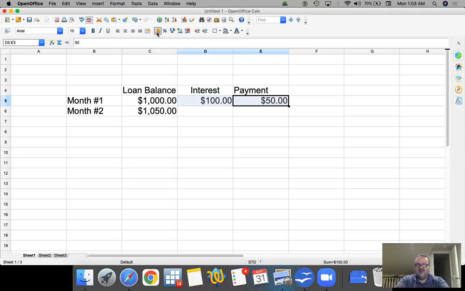This is interesting because not every financial institution will require you to make a minimum payment that is equal to or more than the interest. Some financial institutions will simply ask you to make a payment of something like $10 or $25.